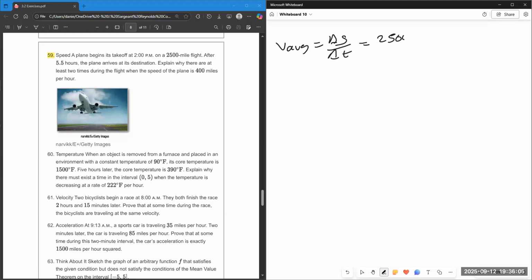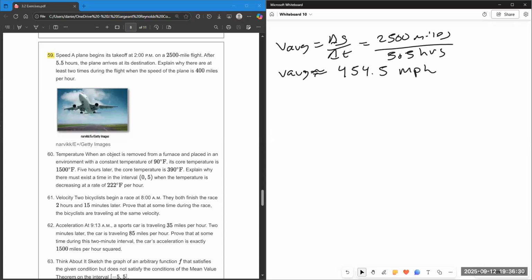So 2,500 miles, and it takes 5.5 hours for that to happen. Divide that out, and v average is going to be about, we're going to have to round this, 454.5 miles per hour.